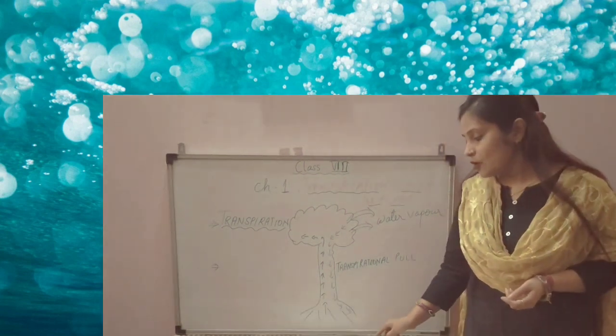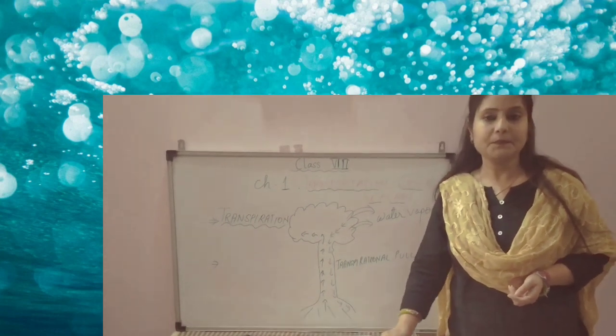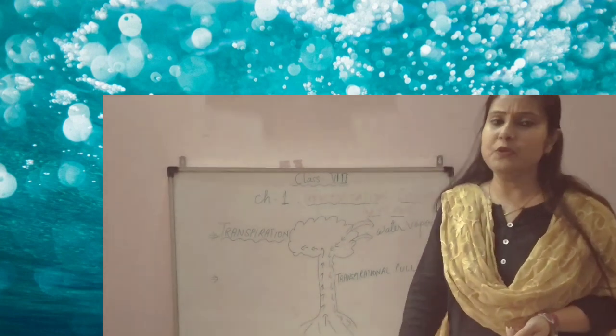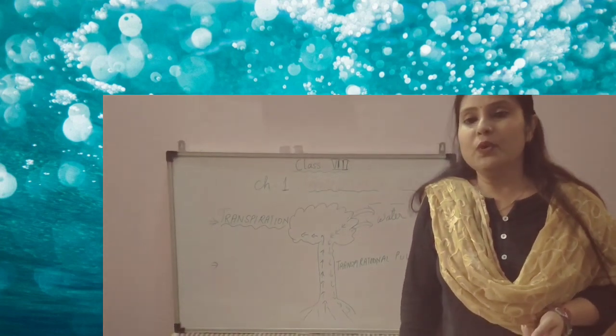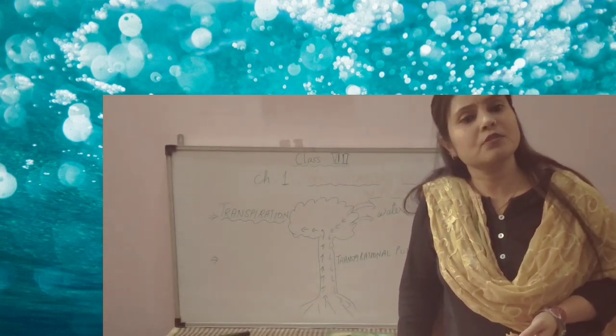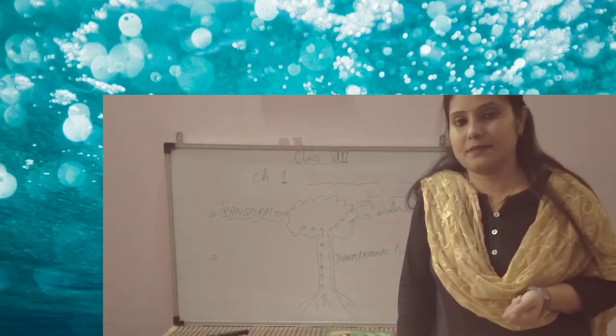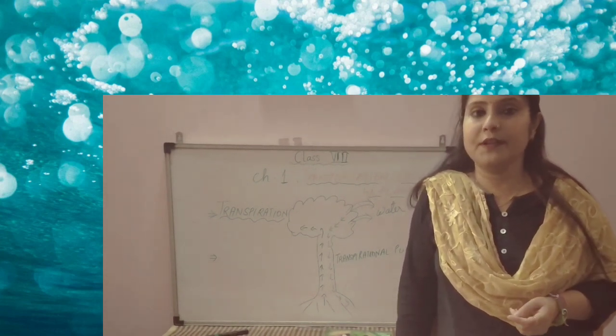Now the last topic of this chapter is about minerals. About minerals, as we know, minerals are very important for the human body. We can say a plant is also a living one, and it also needs minerals. Water is not sufficient if minerals are not there.